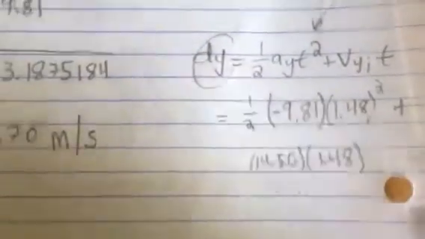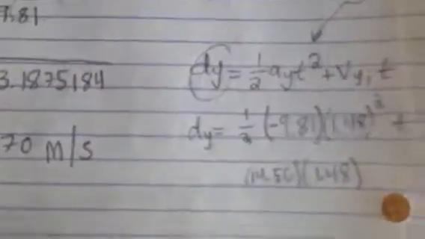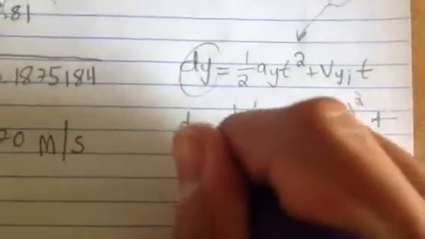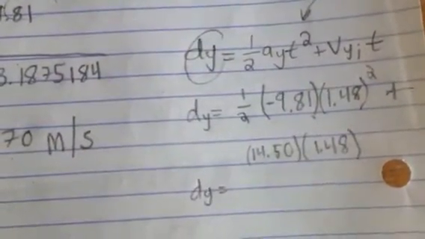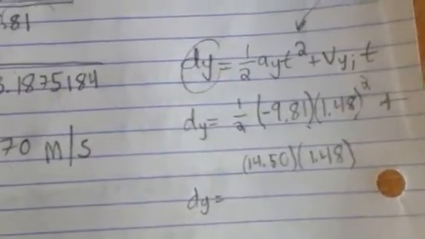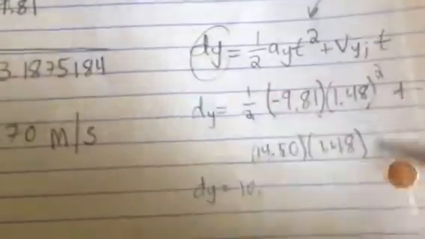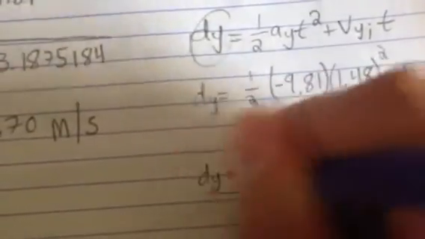Alright, so now plug this into our calculator, and this is going to get us our maximum height, guys. Alright, 10.72 meters. That, my friends, is our maximum height.